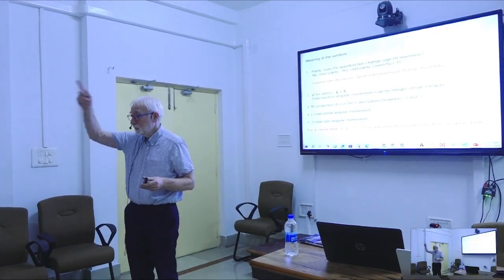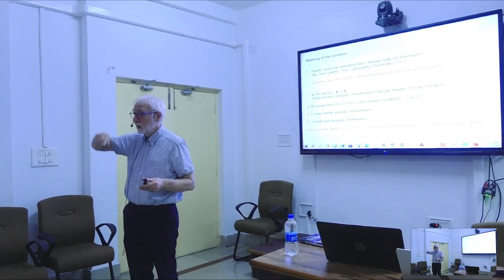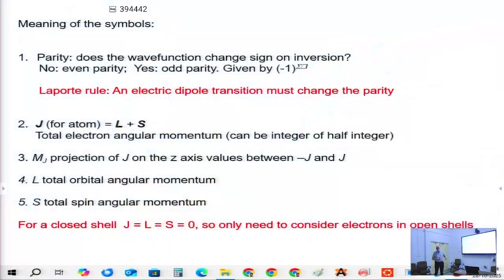It's not a vector, so it doesn't matter. And you just get the angular rule, and it depends on the sum of L, which I drew up there a minute ago. So the parity is given by the sum of the L's of the electrons. And if it's an even number, it's even parity. If it's an odd number, it's an odd parity. And the Laporte rule says an electric dipole transition must change the parity. And I have a sideways note on that.